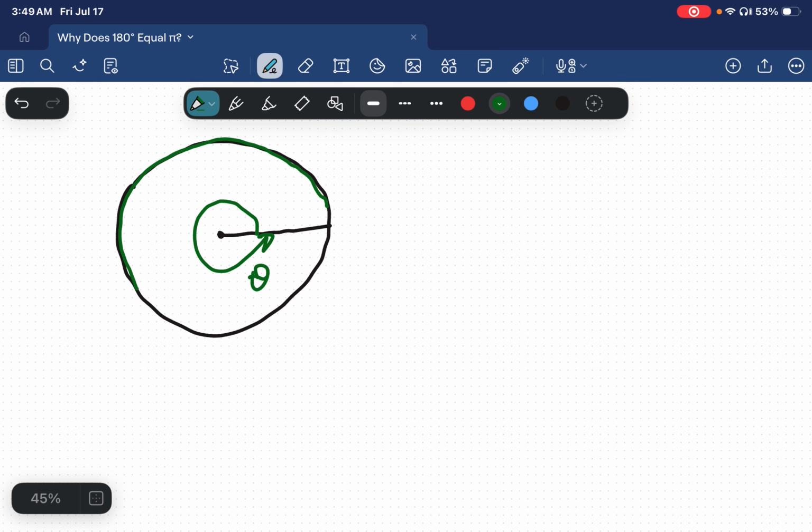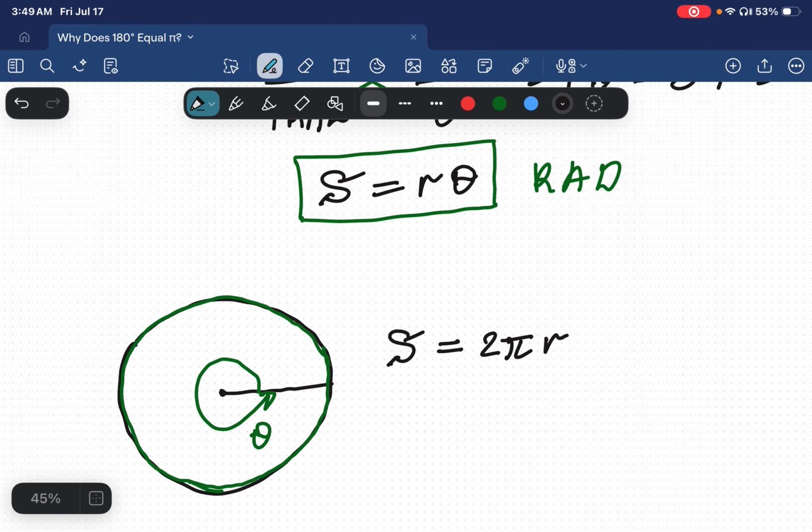So this entire circumference is now our arc. And we know that the circumference of the circle equals, at least I hope we know, 2 pi r. But for the same arc, we also have this formula, which we just derived. So we can write that s equals r theta.